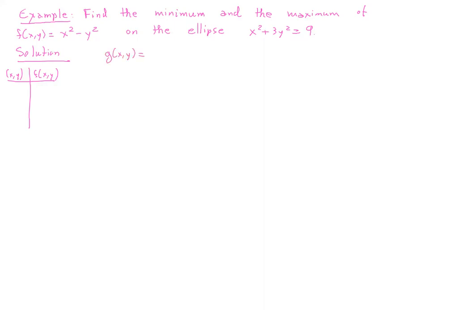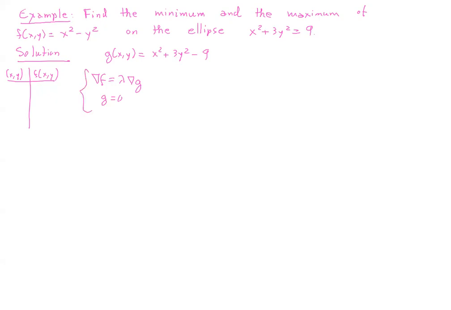By now we should already know that we make up that function by bringing everything to the left-hand side. The system is that the gradient of f is a scalar multiple of the gradient of g with this coefficient lambda, and g should be equal to 0.